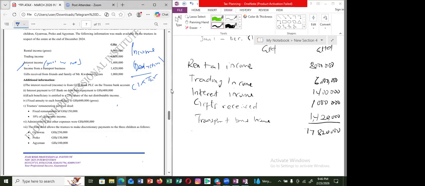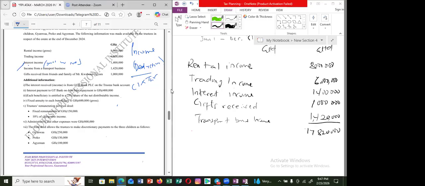I'm trying to say that the question noted it here, but it's not really clear whether the interest amount is net. I don't think they would bring something in the additional information and then expect you to ignore it. There are things you ignore, but something like this always does something. So my point is let's gross the interest income up.